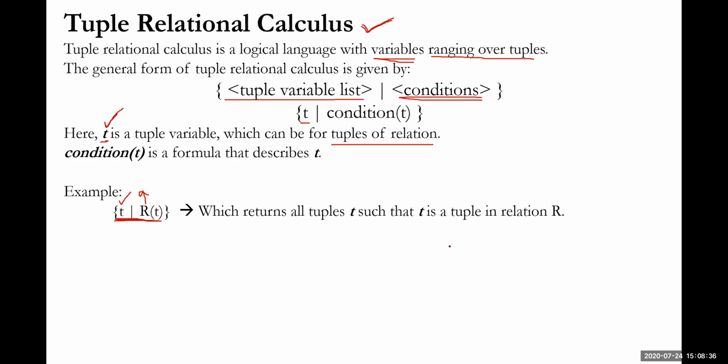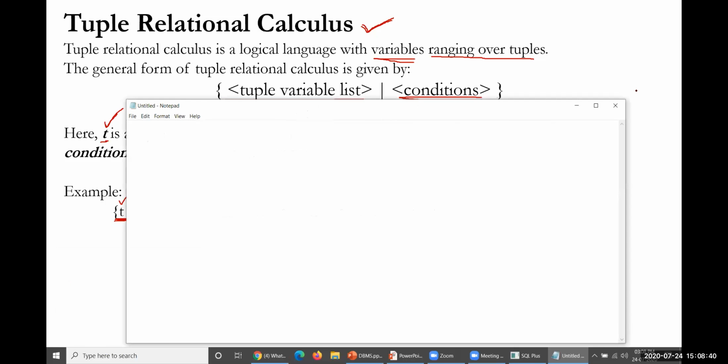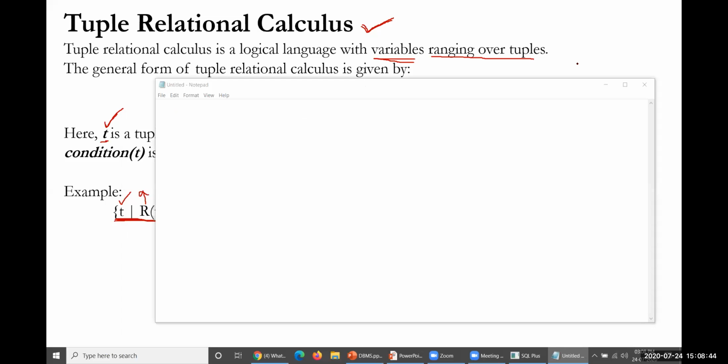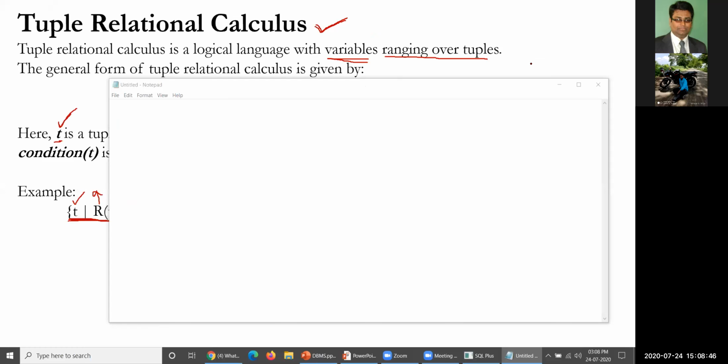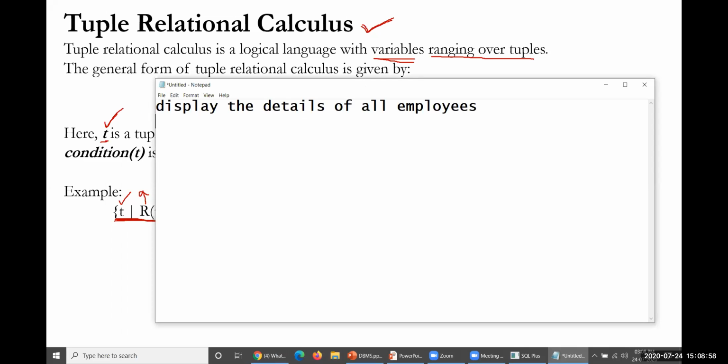For example, let me open Notepad here for a while. Say we want to display the details of all employees. That is the query. What exactly do you need to write in tuple relational calculus? Open curly brace.